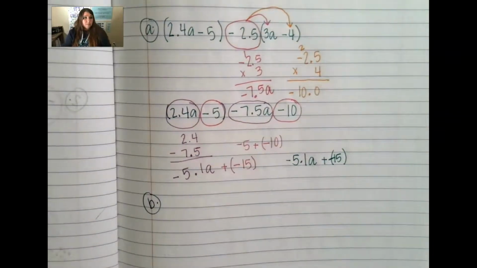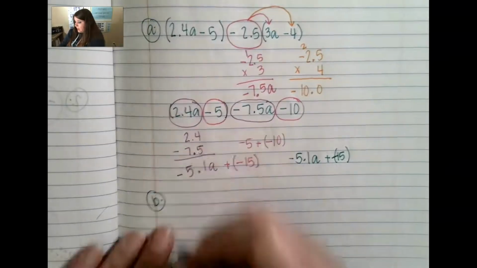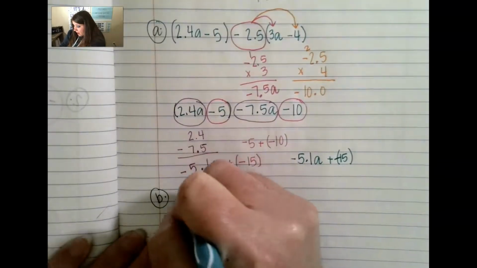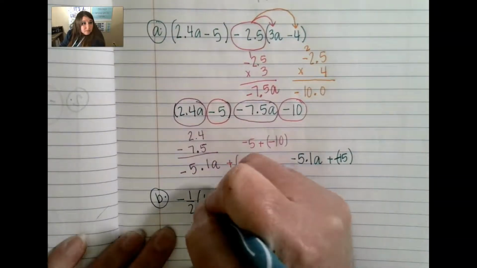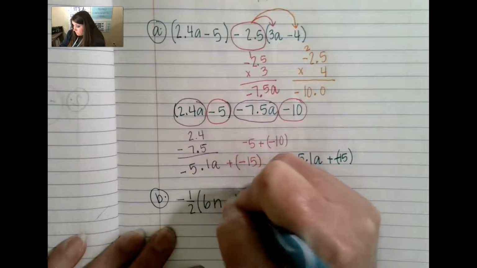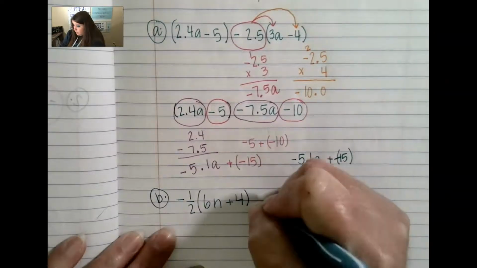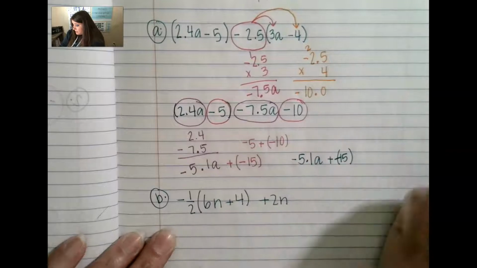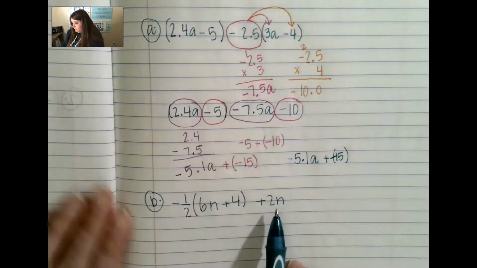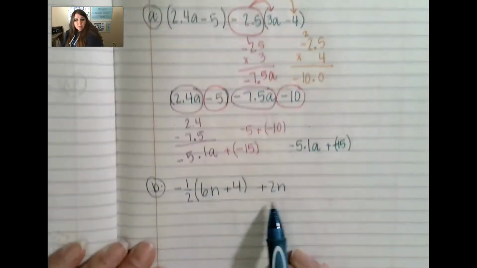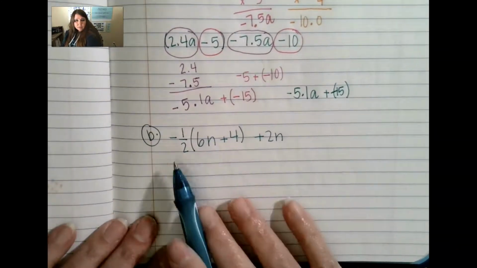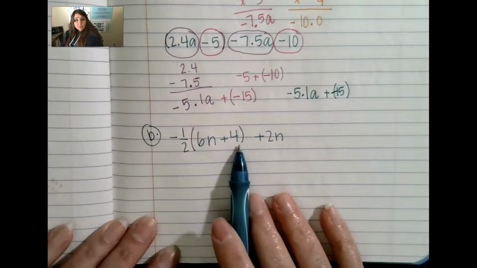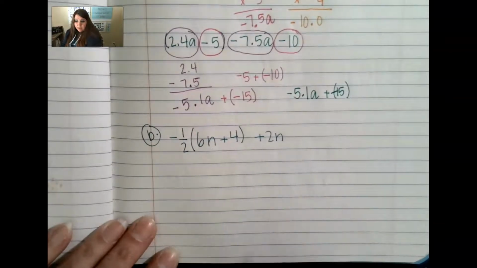All right, example B has a half, so negative half, and it's negative half of 6n plus 4, plus 2n. So notice that there's a little bit of extra here out to the side after the parentheses. So we're going to do what's inside the parentheses first, and then we will go to the outside.